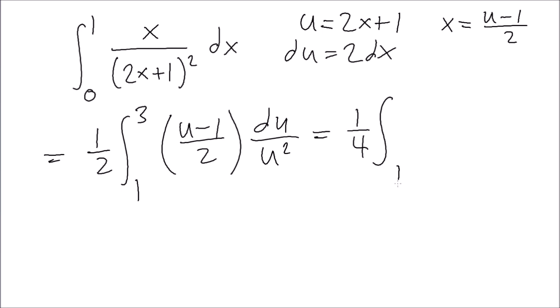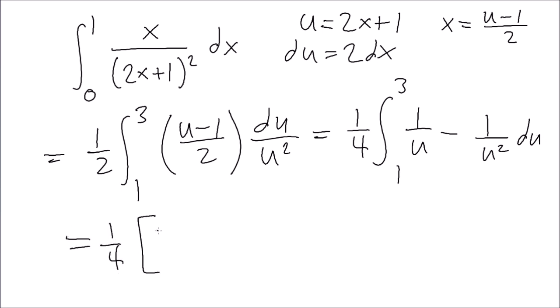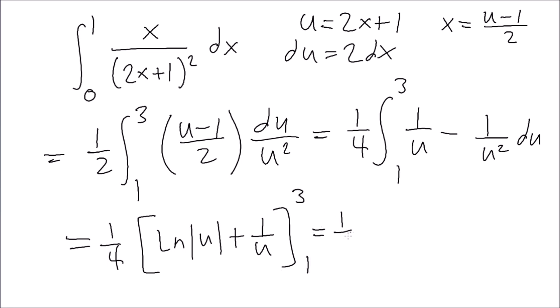1/4 from 1 to 3. And then u minus 1 divided by u squared. This, you can just simplify as 1 over u minus 1 over u squared. And we see that this is equal to 1/4 of the ln of u plus 1 over u from 1 to 3. Okay, we go ahead and plug it in.